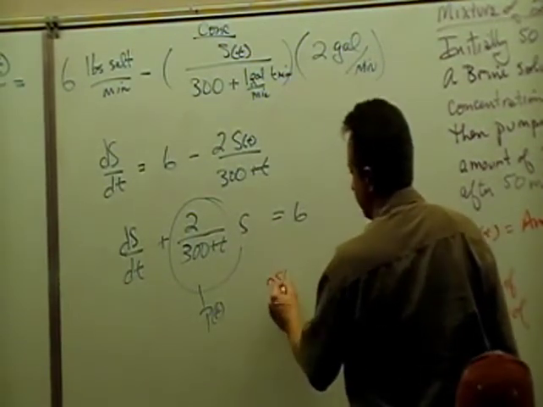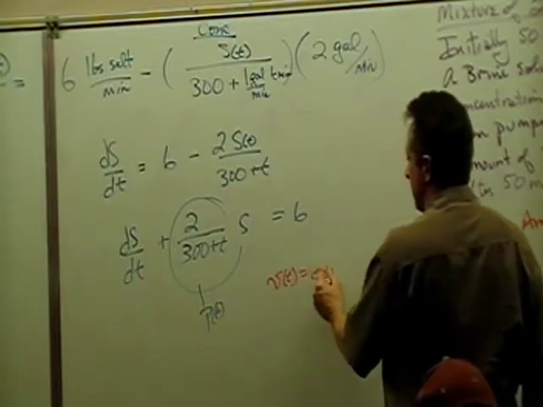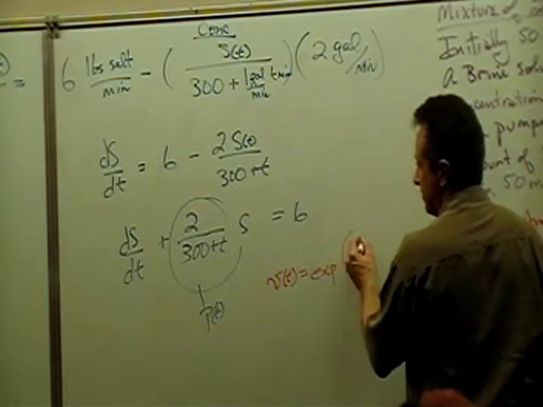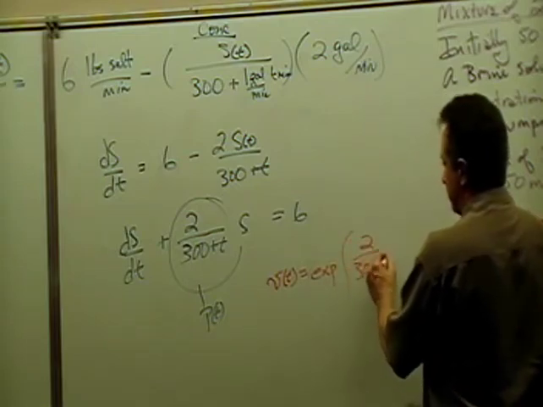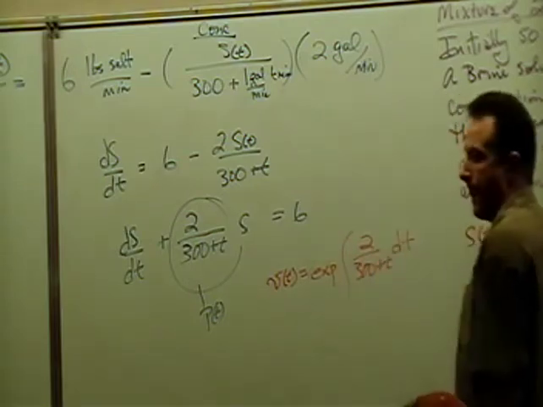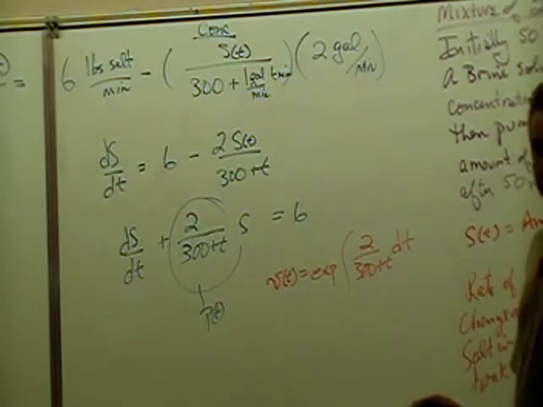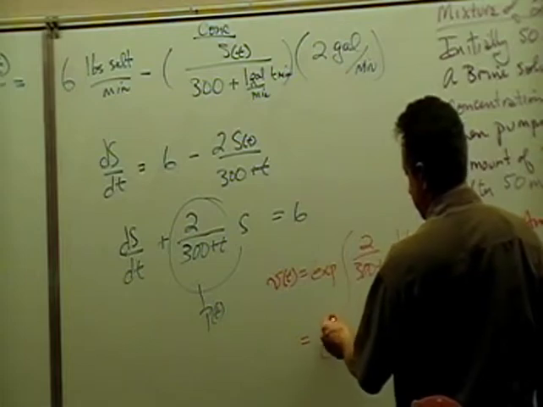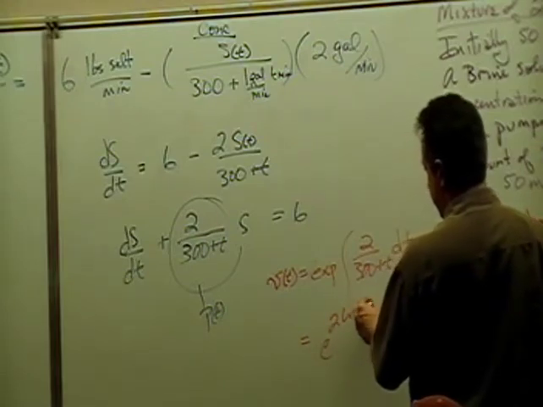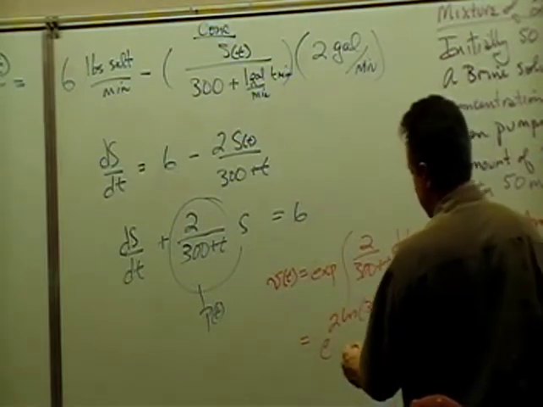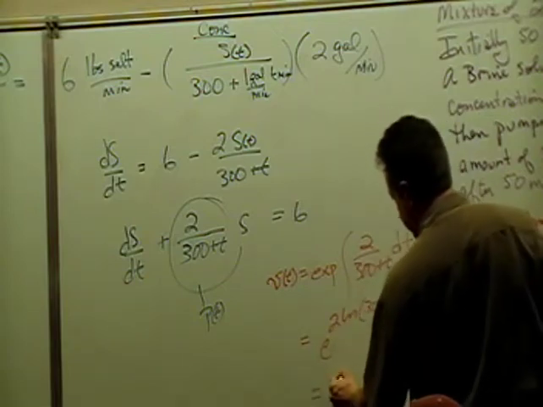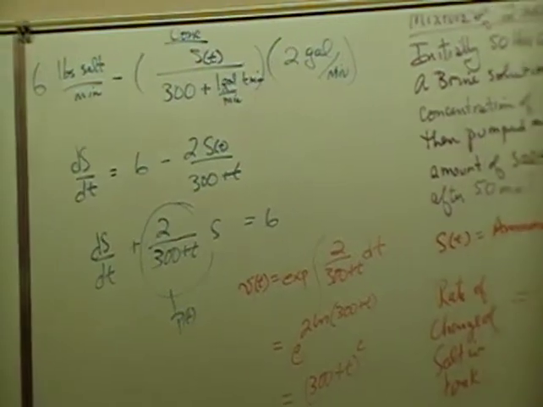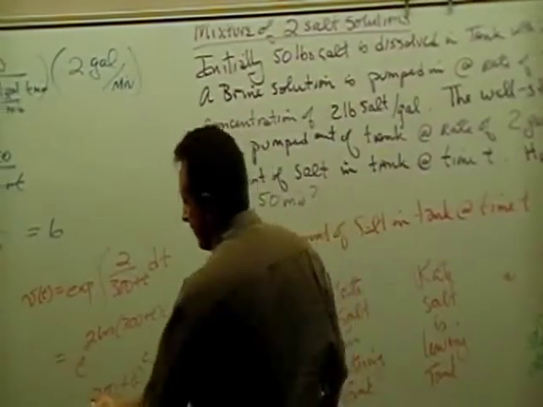V of t would be e raised to the integral of P of t, which is 2 over (300 plus t) dt. Does everybody follow? What is this? This is equal to e to the 2 ln of (300 plus t), which is equal to just (300 plus t) quantity squared, once you simplify. So there's my integrating factor.